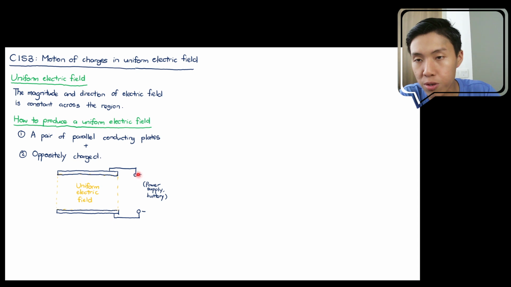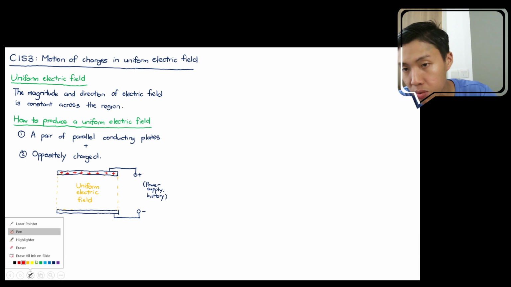So if you have the positive terminal over here, that means this plate is going to be positively charged, and this plate down here will be negatively charged. We are following the terminals that we indicate here.